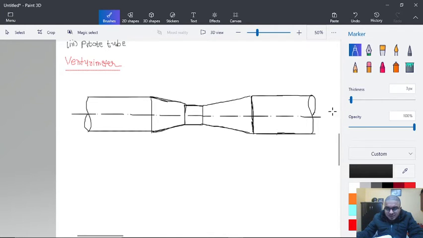So here in this case there are three different sections. Let's say this as number 1. Then we are having second part over here, and third one is over here.